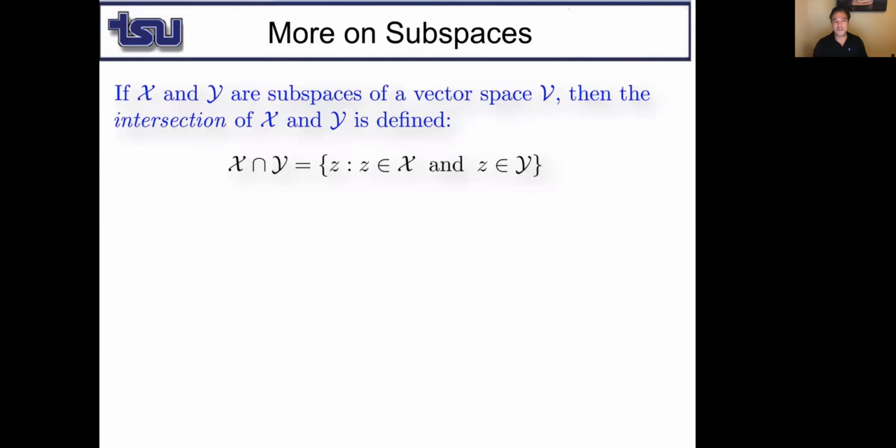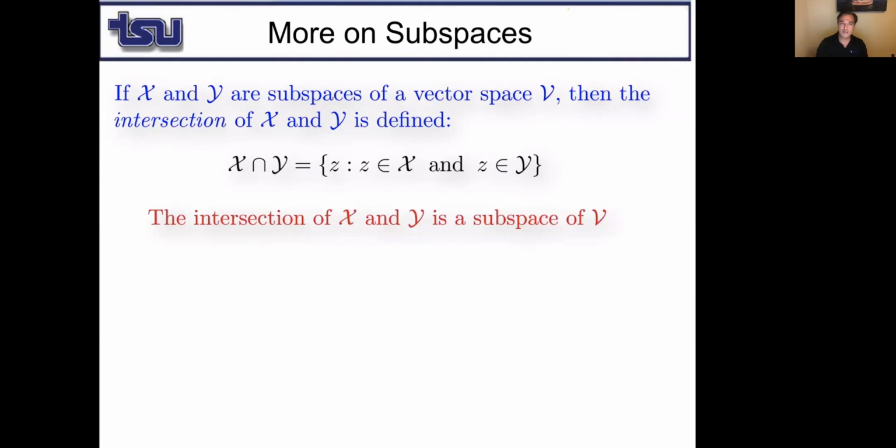Okay, how about the intersection of two subspaces? Again, if we have two subspaces, then the intersection consists of all elements which are in the first subspace as well as in the second subspace. The intersection of X and Y is a subspace of V. Why? That's pretty easy.